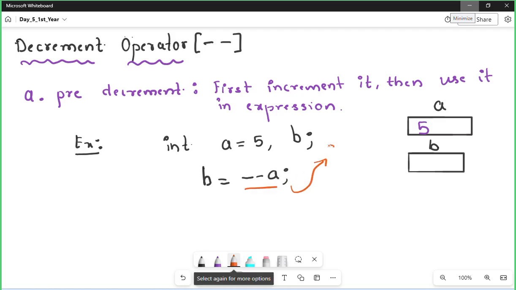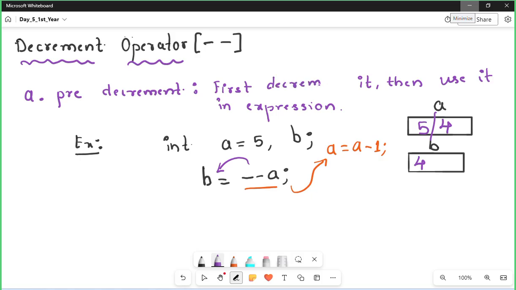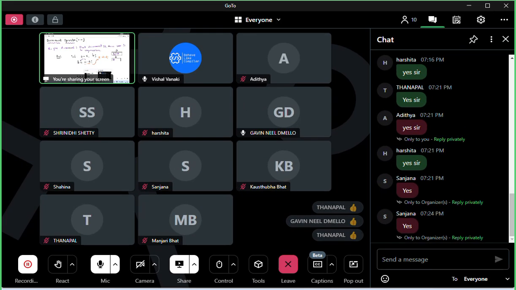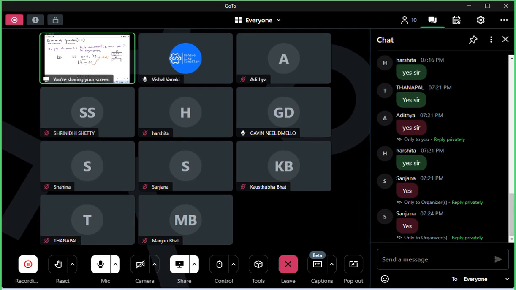It is nothing but a is equal to a minus 1. According to the definition, first decrement the a value, so a value will become 4, and then copy it into b. So b value becomes 4. Sorry, I think I have written increment, I need to write decrement here. First decrement and then use it in the expression.